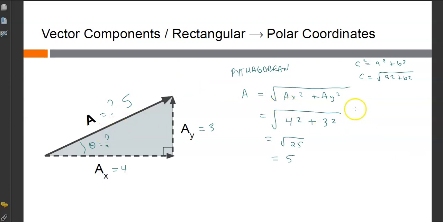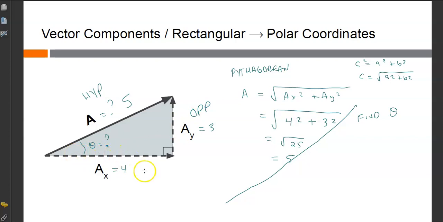And I'd like to know the angle as well. So to find theta, I have to pull this funny little trick. Notice, let's name our sides here. We probably should have done that to begin with. Hypotenuse is always the longest side. Here is my angle of interest, theta. Straight across would be the opposite.